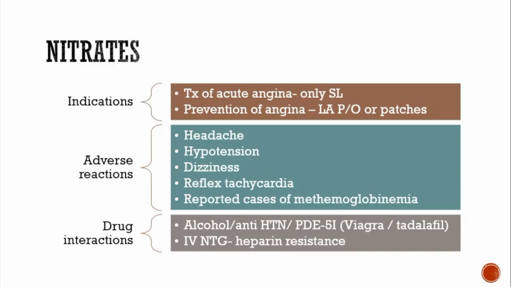In other indications, when it comes to angina, the important thing to remember is that for treatment of acute angina, we can only give sublingual. It can be sublingual tablets or spray. We cannot give long-acting agents. So for acute angina, we have to give sublingual tablets or spray. In prevention of angina, we can go with long-acting oral agents or transdermal patches. Okay.